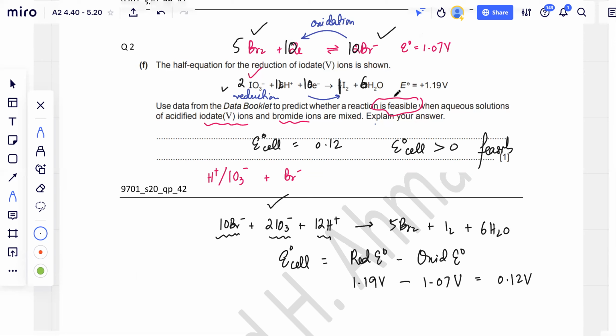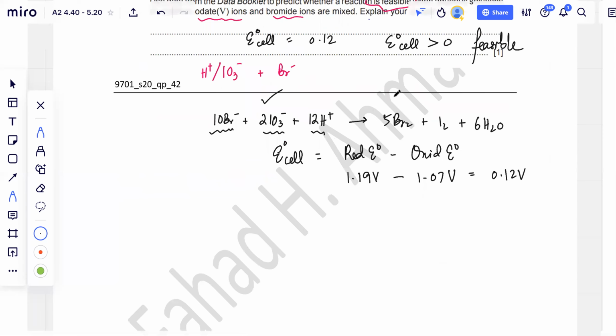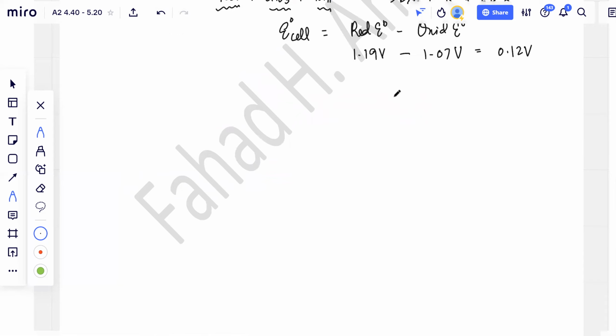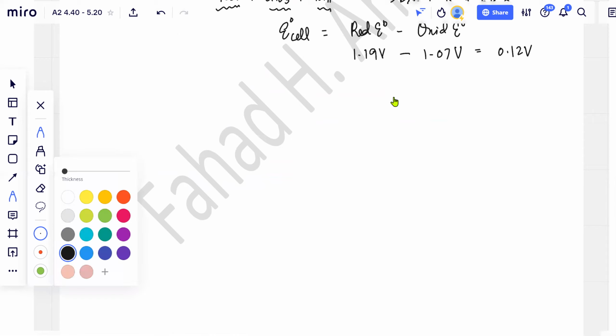Now, for the sake of clarity, I'm just going to do another question about feasibility of reaction. I'm going to discuss a reaction. How would you do the same thing if the reaction wasn't feasible?